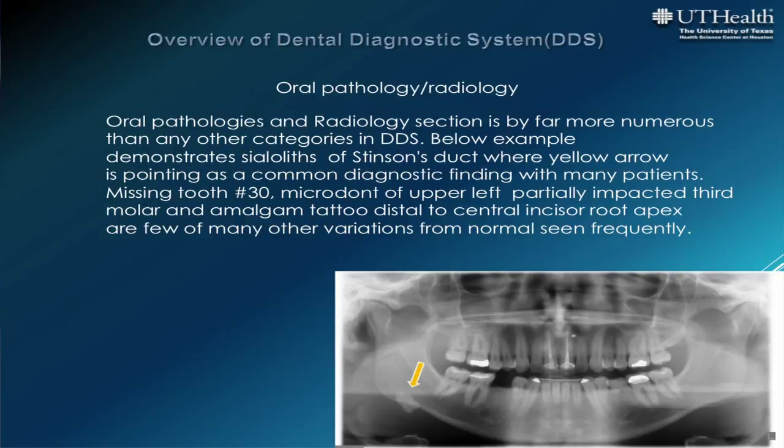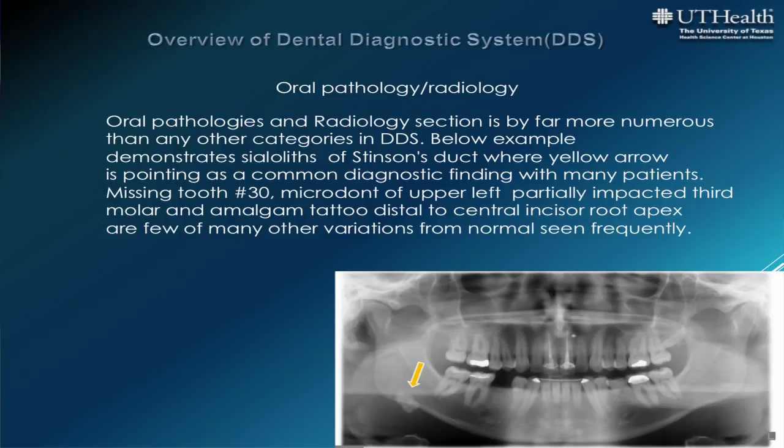The oral pathologies and radiology section is by far more numerous than any other category in DDS. The below example demonstrates a sialolith of Stensen's duct, where the yellow arrow is pointing, as a common diagnostic finding in many patients.